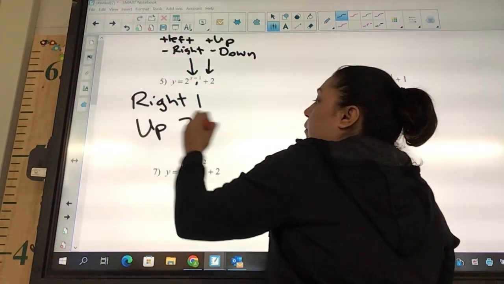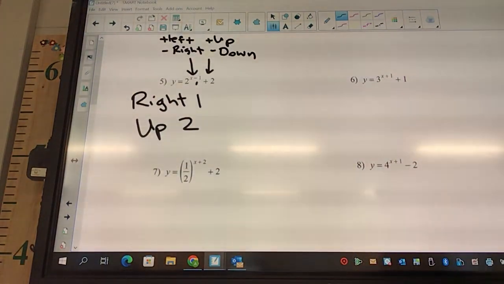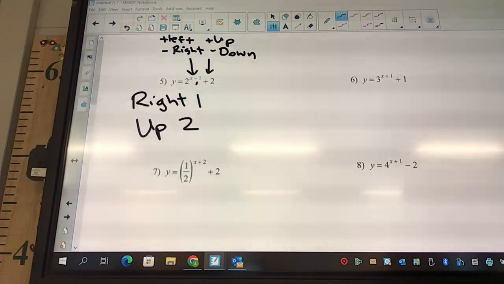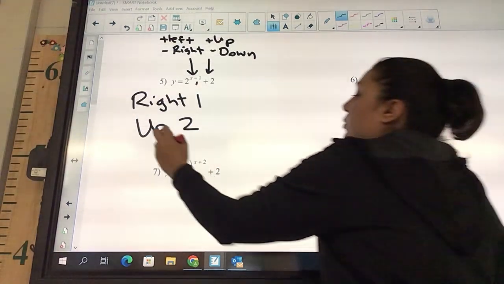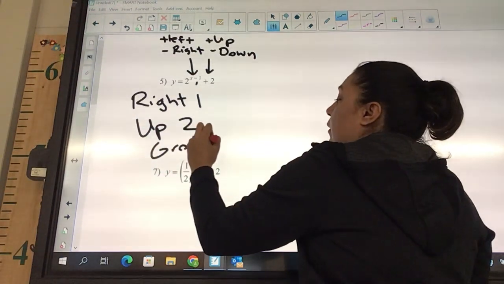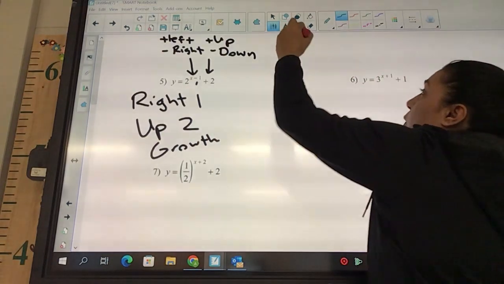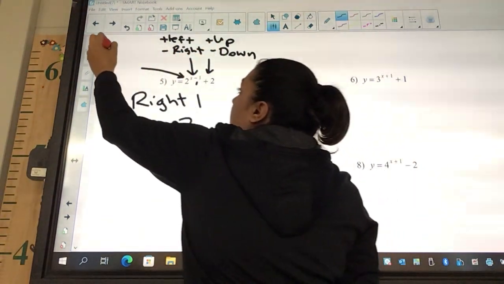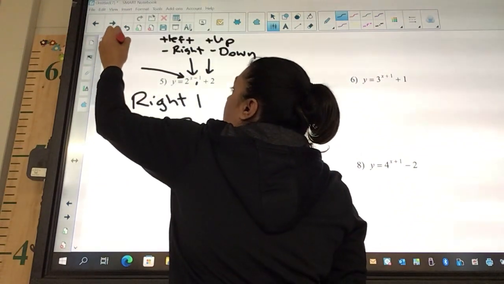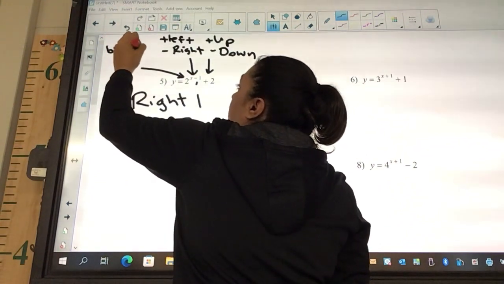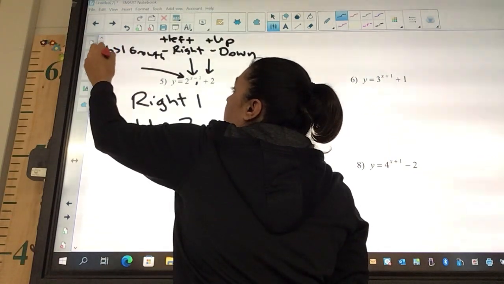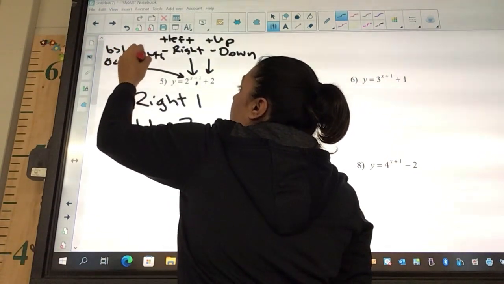Yep, and then is it growth or decay? How can you tell? Okay, it is growth. Okay, so we know it's growth if this number is bigger than 1. And if it's between 0 and 1, it's going to be decay.